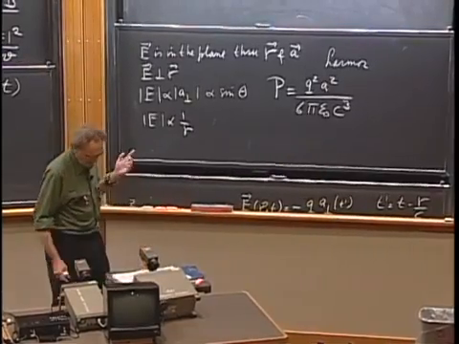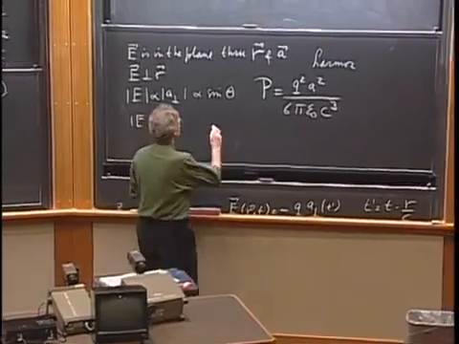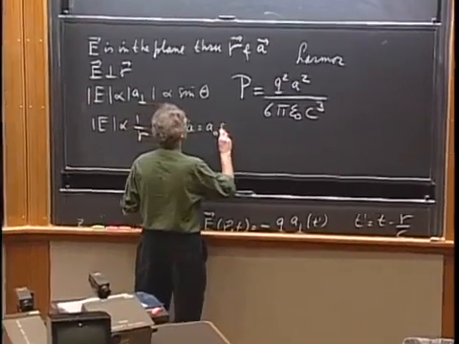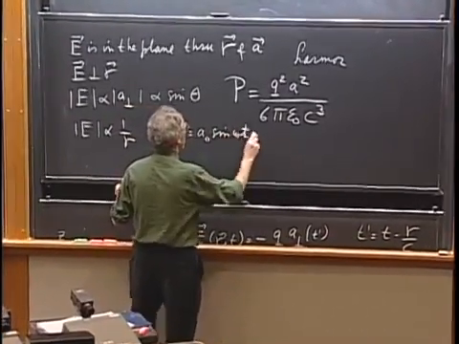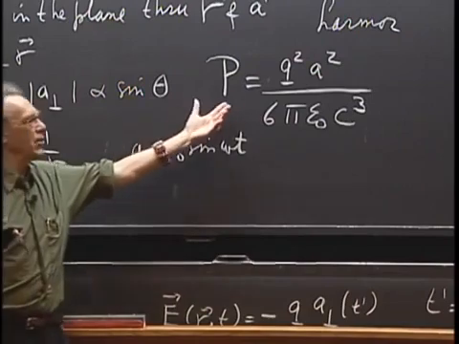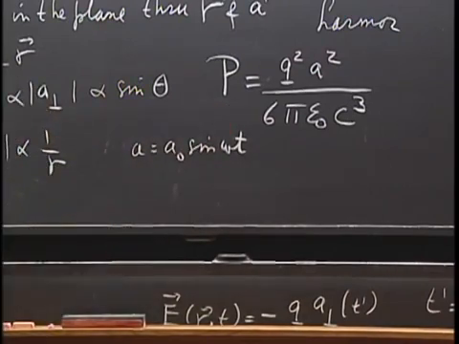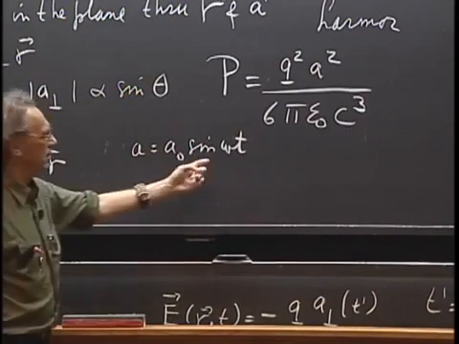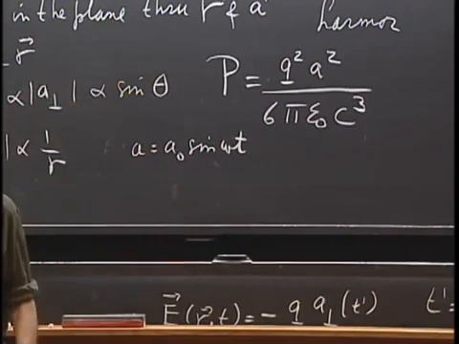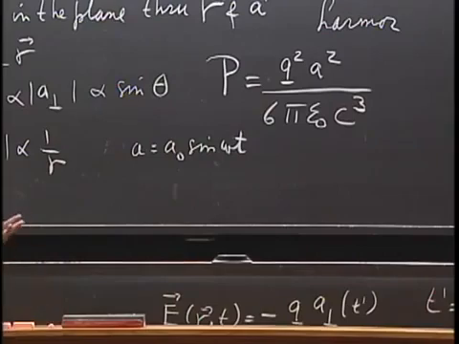Now, if A is oscillating, if A is A0 sine omega t or cosine omega t, then you can calculate what the mean value of the power is during one oscillation, and the average value of the sine squared omega t then becomes 1/2, of course.